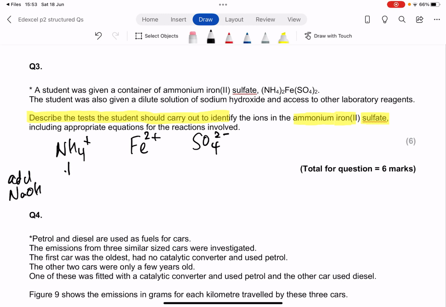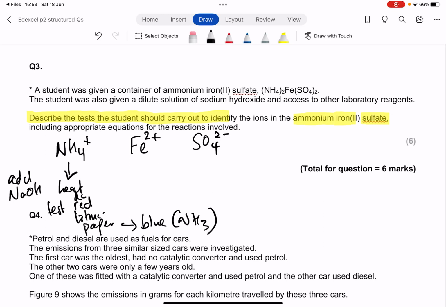You could gently heat here, and this will give off some steam, and you test that with damp red litmus paper, and it will turn blue because ammonia is given off. Test for ammonium, 2 marks.